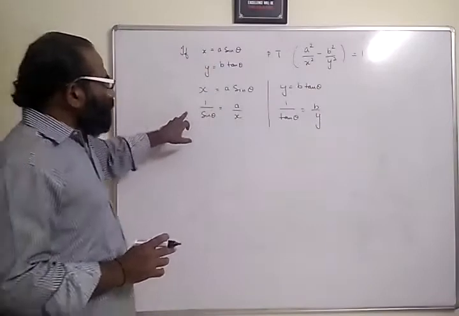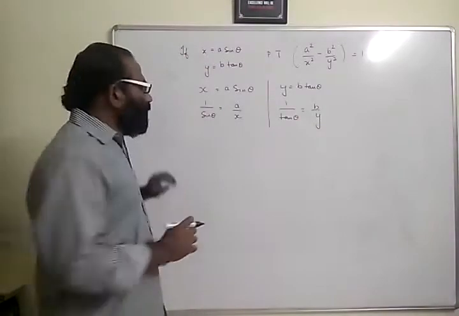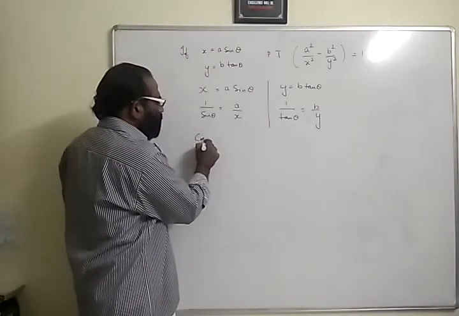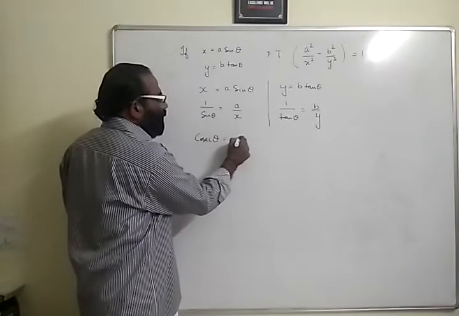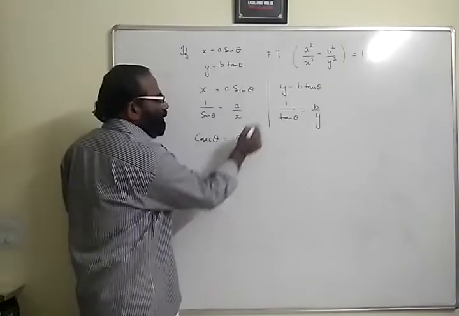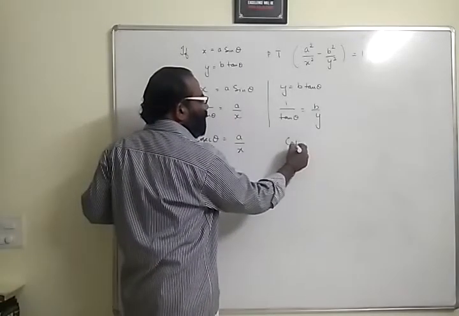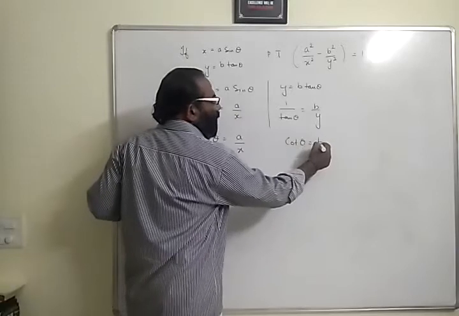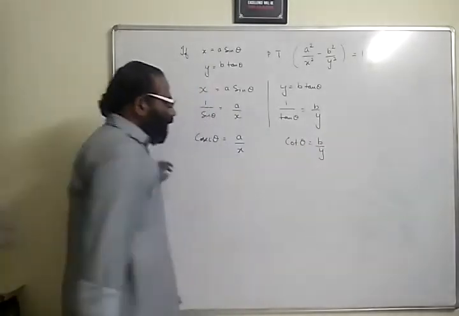So now 1 by sin theta, I can write it as cosecant theta. Cosecant theta equals a by x, and 1 by tan can be written as cot theta. Cot theta equals b by y.